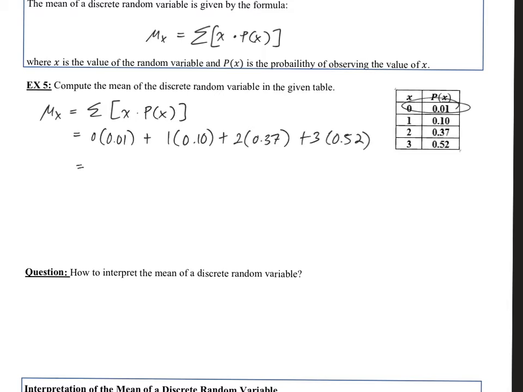Then we get the following values, so that becomes 0 plus 0.10 plus 0.74, and lastly plus 3 times 0.52, which is 1.56. Okay, we can add all of those up. So 1.56 plus 0.74 plus 0.1 is 2.4. So the mean of x is 2.4.